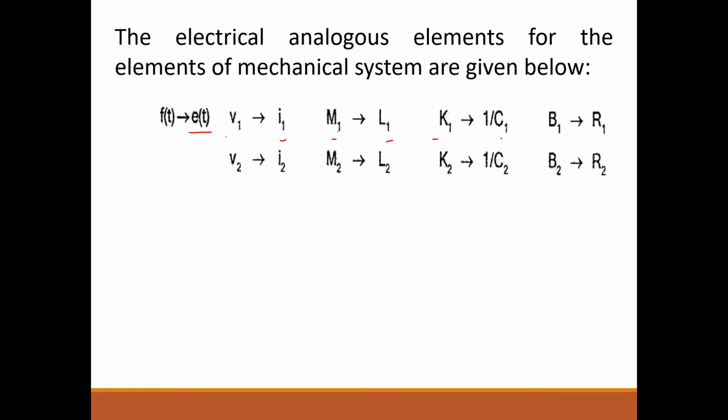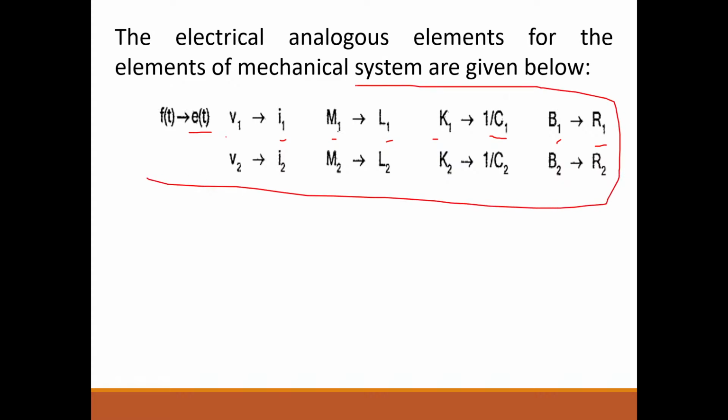Analogous of spring is 1 by C, the reciprocal of capacitance. Analogous of frictional element B is resistance. So these are the analogous elements. You just write down these elements from the force voltage analogy table.